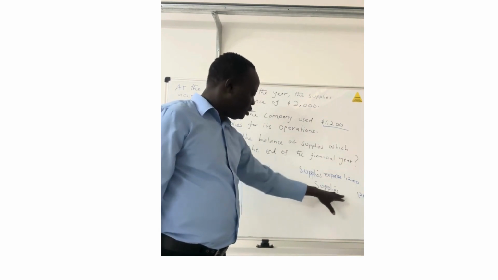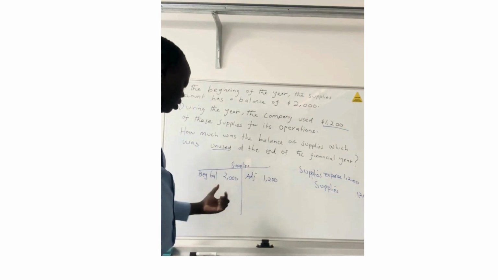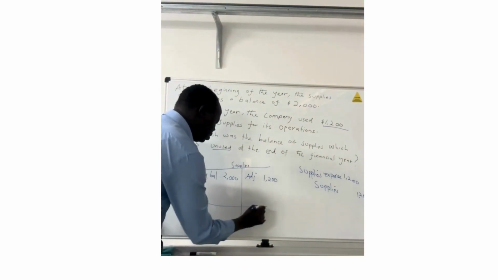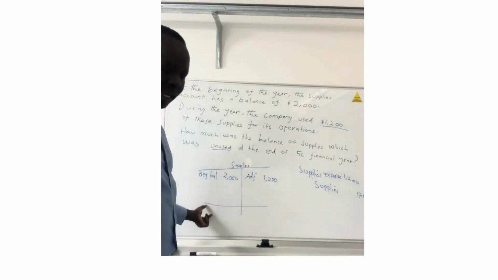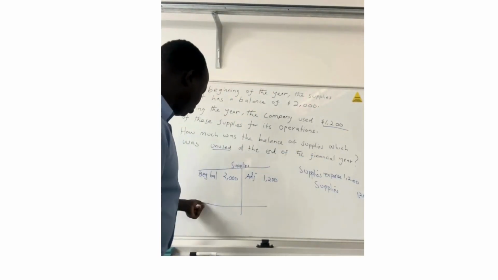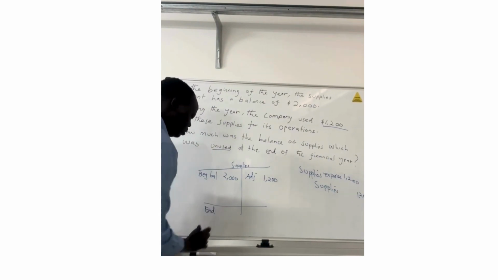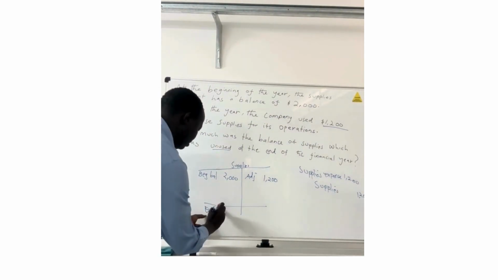This one, we bring it here to get the difference of what balance will remain unused at the end of the financial year. So what you will have here is the ending balance. You can say end balance.